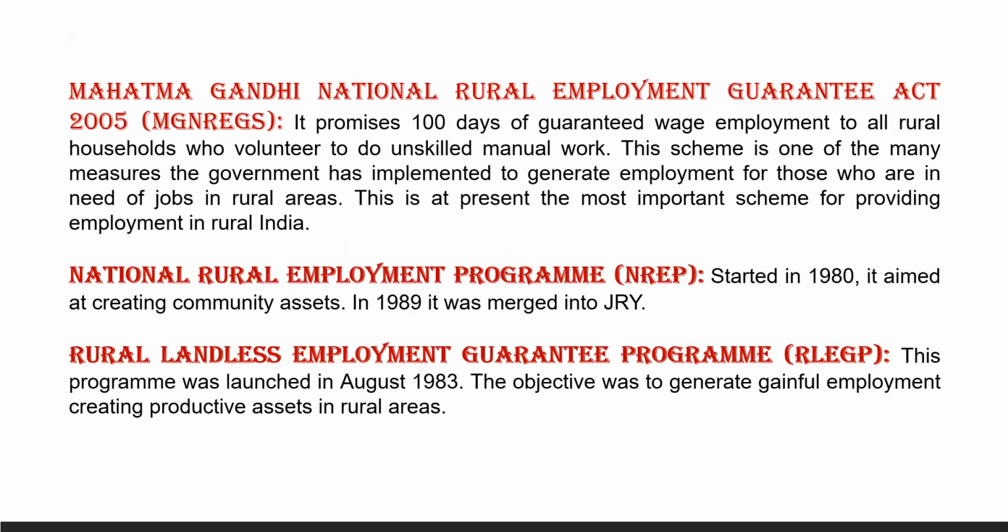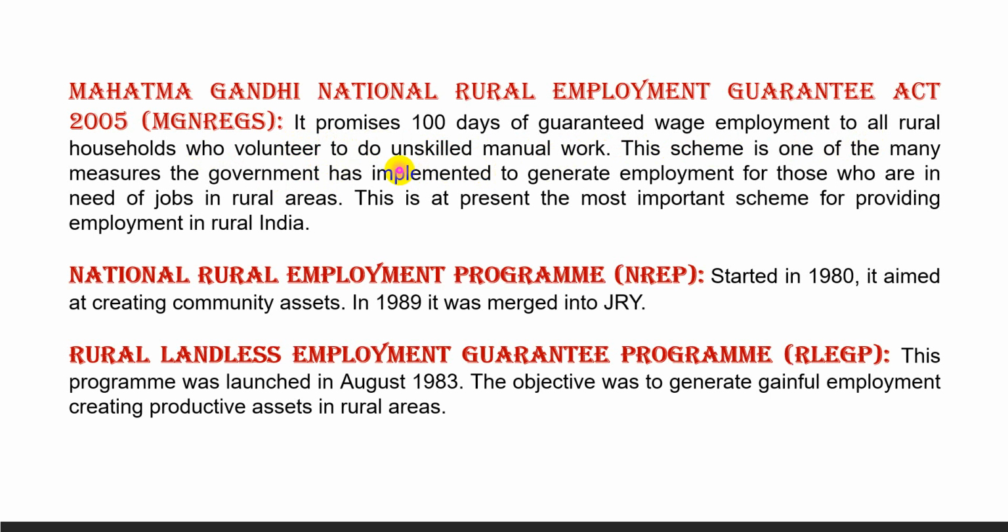Now let us see some prominent programs that are initiated by the government. Mahatma Gandhi National Rural Employment Guarantee Act 2005, MGNREGS. It is popularly known as the 100 Days Work Program. This program promises 100 days of guaranteed wage employment to all rural households who volunteer to do unskilled manual work.